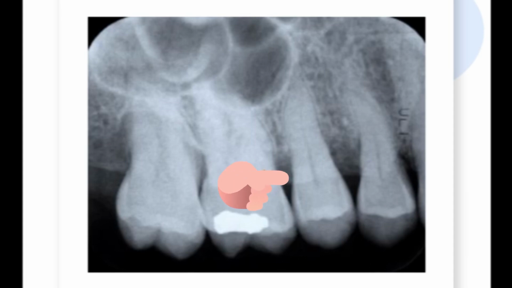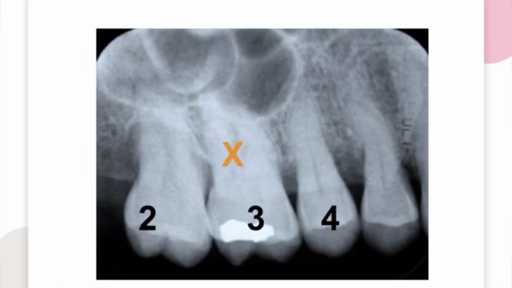So I'm going to guess that it is, yep, you guessed it right, tooth number 3. As you can see, by referencing the tooth behind and the tooth in front, we can confirm and feel confident that the tooth with an X that we're being asked about is tooth number 3.